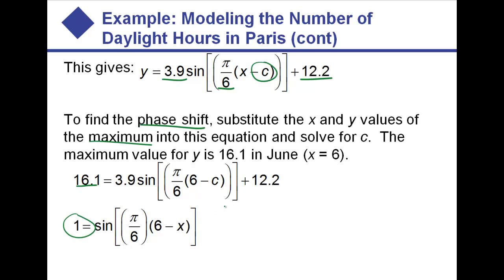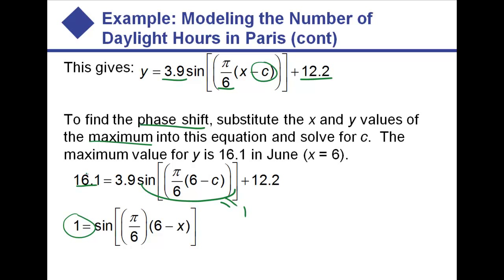That makes sense because the maximum should happen when the sine function spits out 1. If this thing equals 1, then you multiply it by 3.9, add 12.2 to it, and that's how you get 16.1.